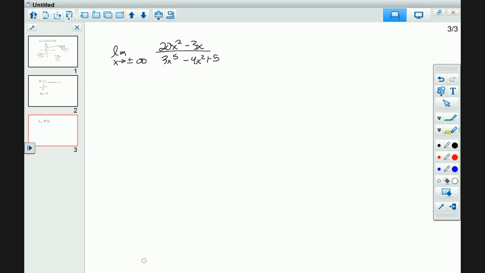Okay, here's the nice thing about limits at infinity. All you have to consider are the highest exponents.